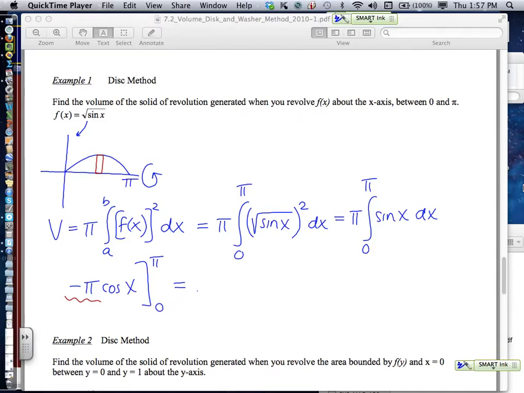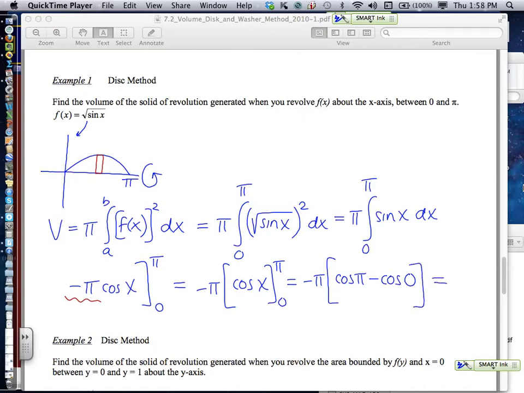So I would just leave the negative pi out front, and then we're going to evaluate the cosine of x from 0 to pi. So we have negative pi times cosine pi minus cosine 0.